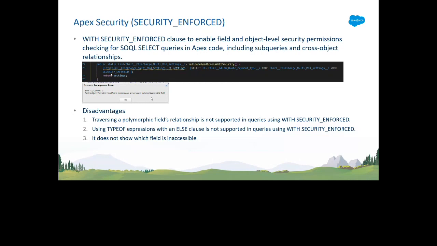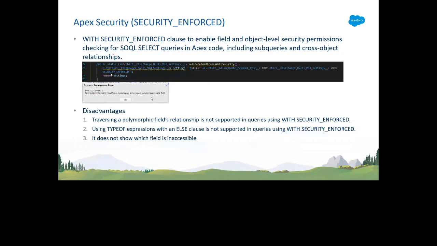And there are different types of SOQL: when you are using TYPEOF keywords in your SOQL, then this keyword will not work on that also. And the third one, as I mentioned, it will not show you the field API name. So these are the three main disadvantages of this keyword. That's why I prefer stripInaccessible.